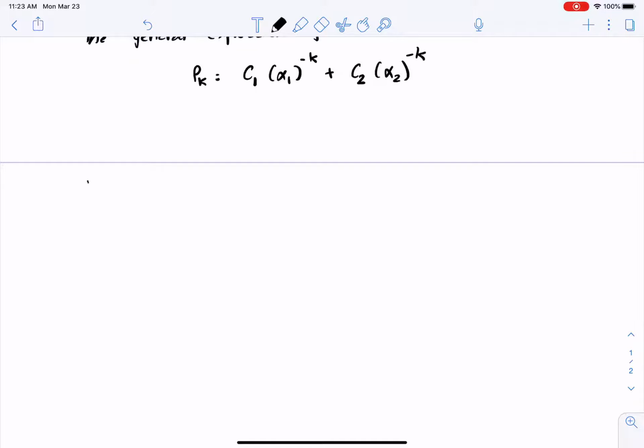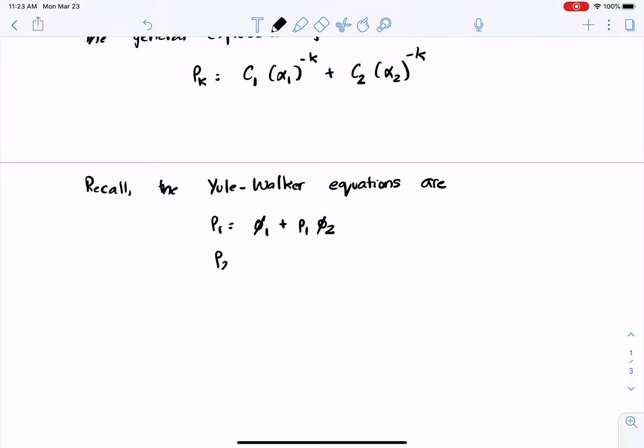So if we recall the Yule-Walker equations, rho 1 equals phi 1 plus rho 1 phi 2, and rho 2 is equal to phi 1 rho 1 plus phi 2.